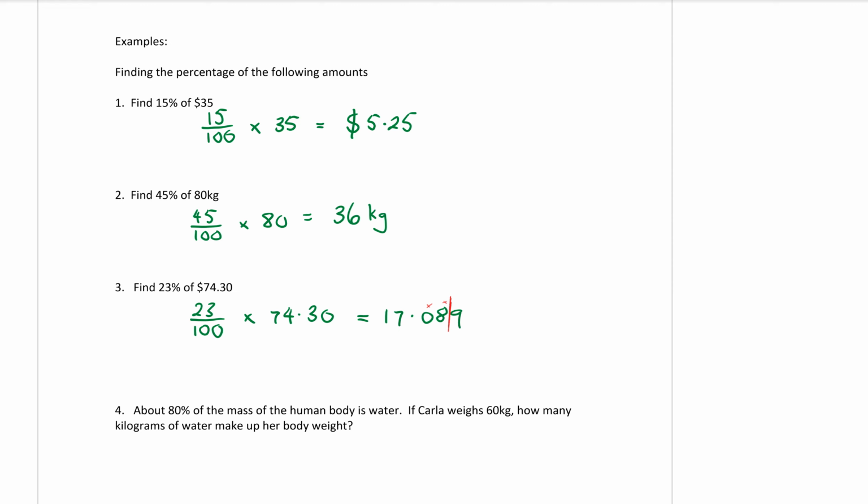Because it's a 9, I want to round the 8 up 1, which will become 17.09, because the 8 became 1 bigger by rounding up. Remembering that from last topic? That should also be in dollars, so it's $17.09.